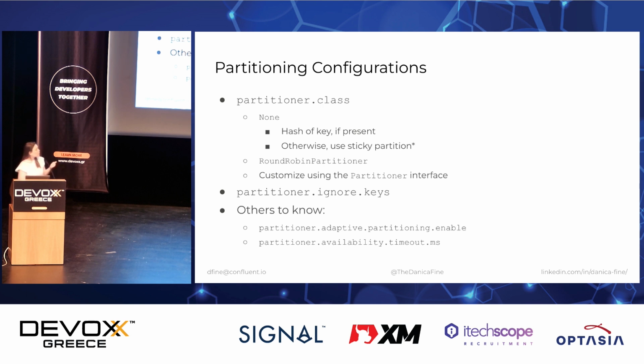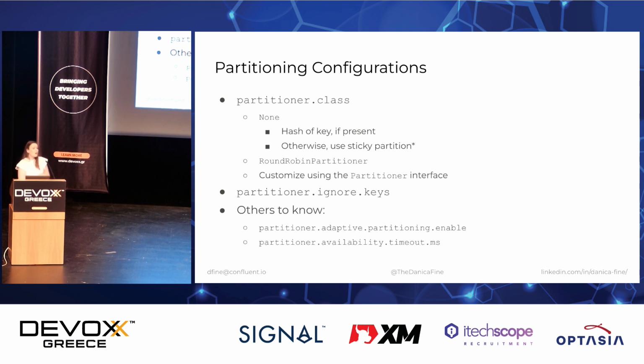We also have the round robin partitioner that's available out of the box, and that's exactly what it sounds like. For each consecutive event that we're trying to send, it's going to send one to partition 0, the next one to partition 1, 2, 3, et cetera. Okay, and then just keep going around. And again, the goal is to evenly distribute that data across those partitions.